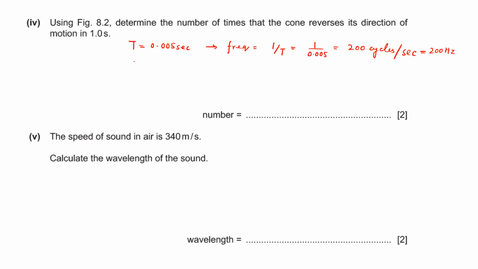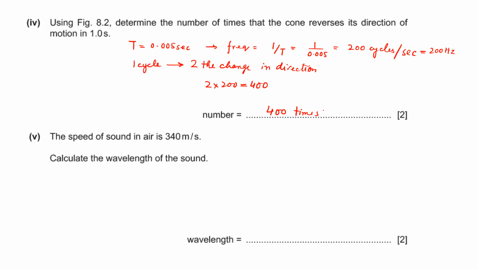In one cycle, there is twice the change in direction. So in 200 cycles, 2 into 200 is equal to 400 times. So it changes its direction 400 times.